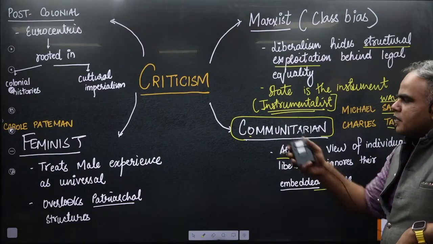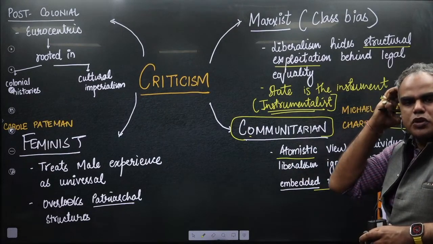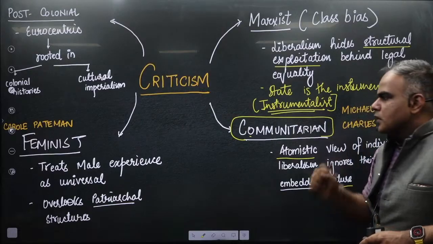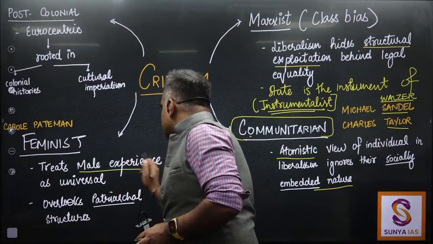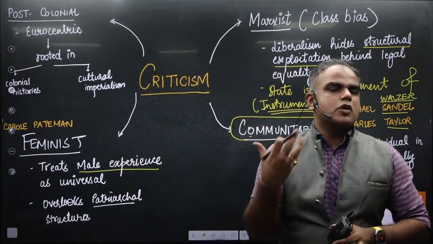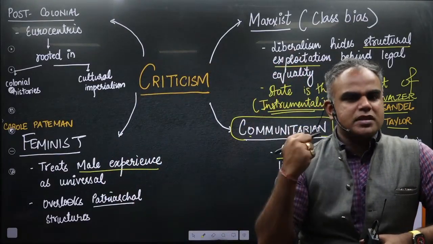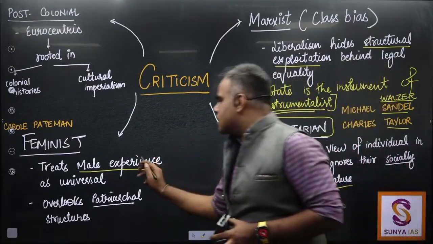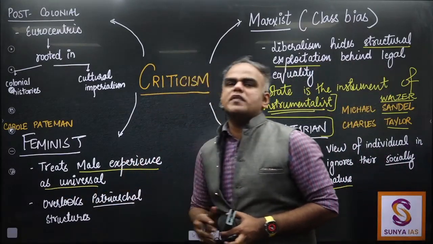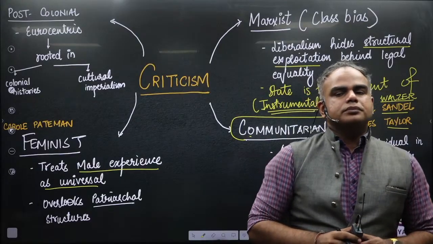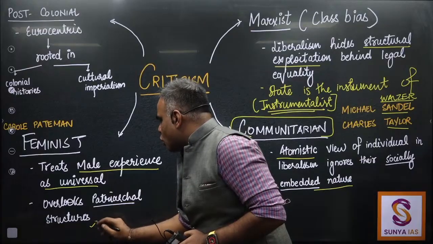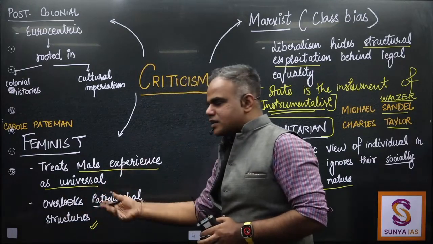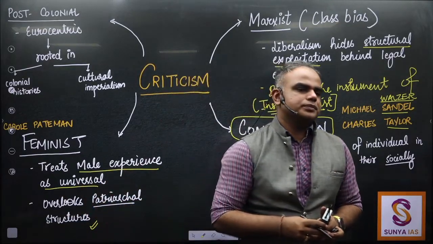Then we have the feminists, who would criticize the state again. They will say that the liberal theory of state takes the male experience and makes it universal. The male experience becomes universal, and it overlooks, excludes, and neglects patriarchal structures.